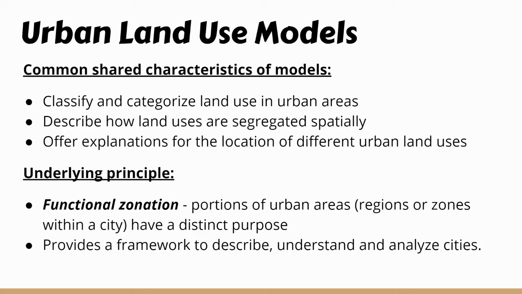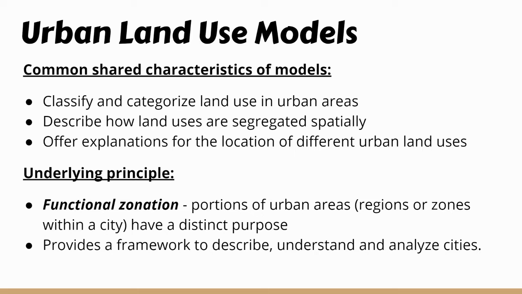Okay, so these urban land use models. There are 7 models that you're going to have to know, and they all share some common characteristics. It's going to be your task to identify these characteristics, but also explain how they manifest themselves a little bit differently in each of the models. They all serve to classify and categorize land use in urban areas.